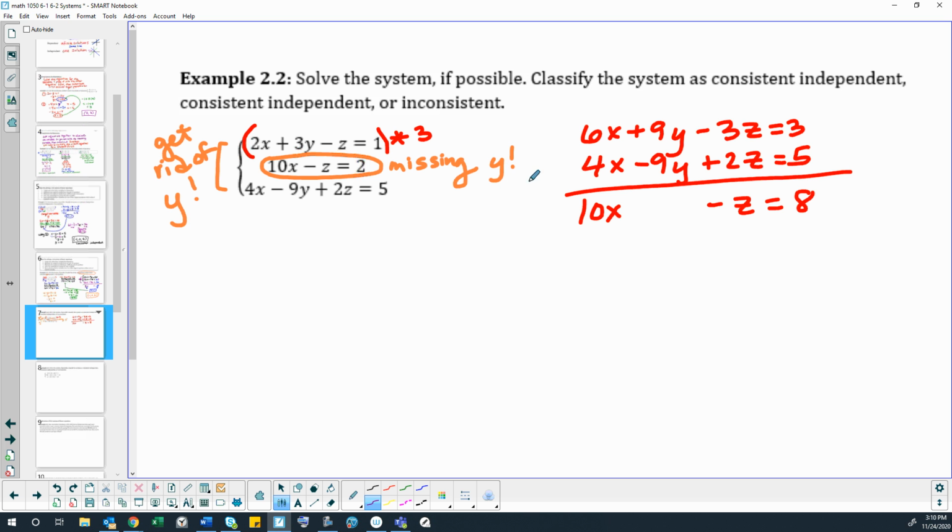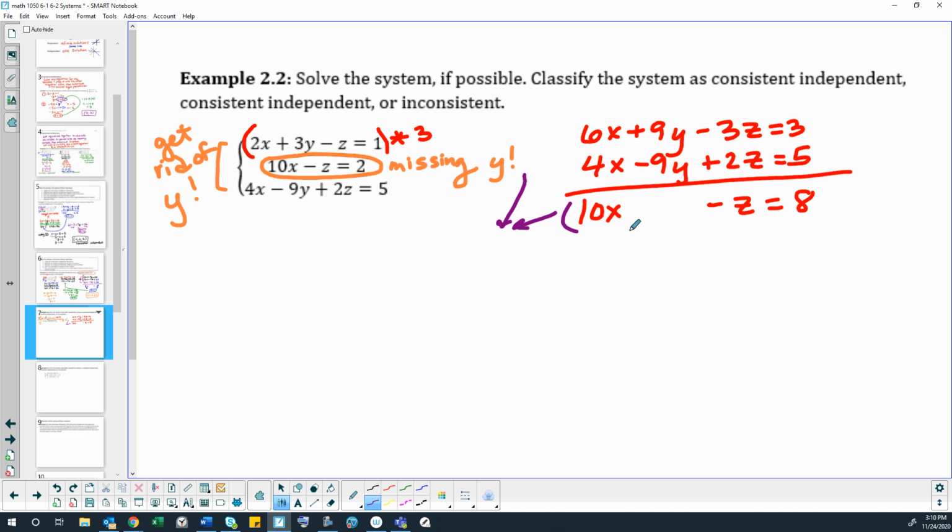So now let's take those two together and eliminate something else. We can either eliminate x or we can eliminate z. Z looks pretty easy to eliminate. We just need to multiply one of our equations by a negative 1.